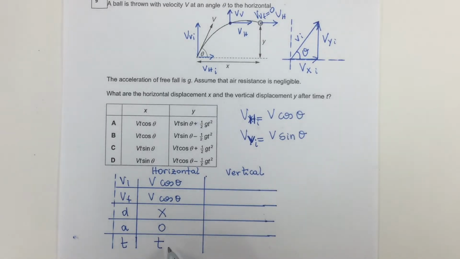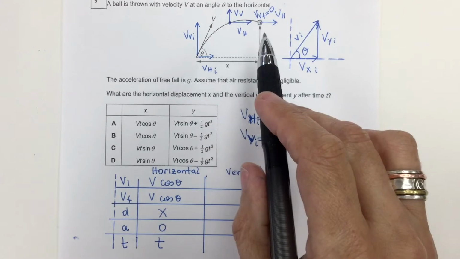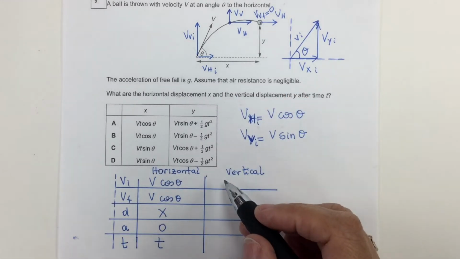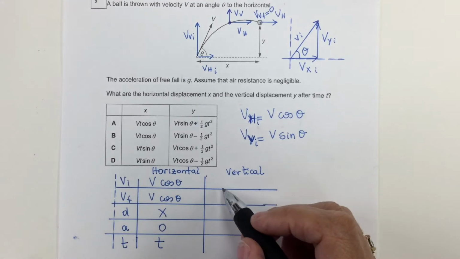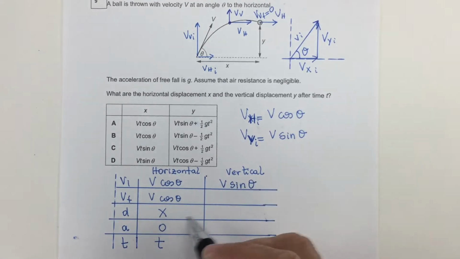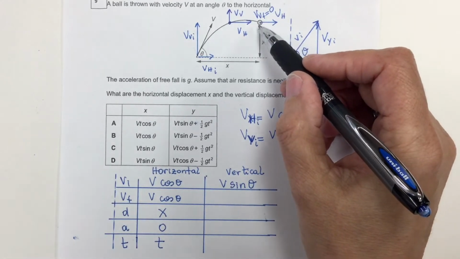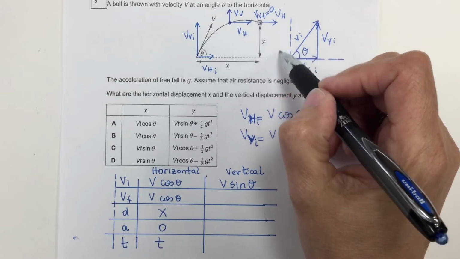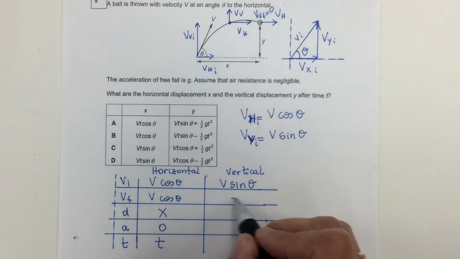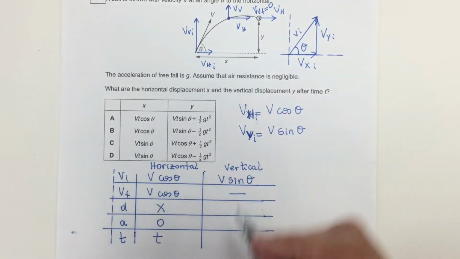So this is t. Vertically, vi is v sine of theta. The final velocity, it didn't say they actually stop before changing direction, so I prefer not to say anything about the final velocity vertically for the time t.